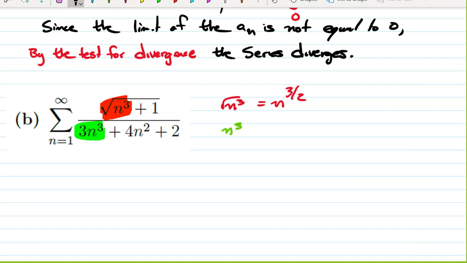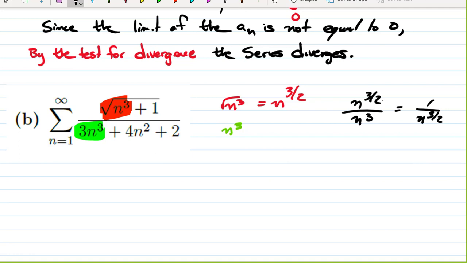So n to the 3/2 divided by n cubed, if we subtract their exponents, 3 take away 3/2, 3/2 is 6/2, we're going to get 1 over n to the 3/2.